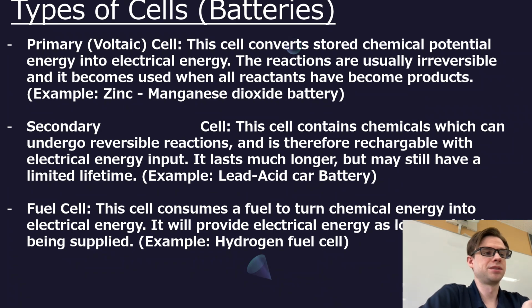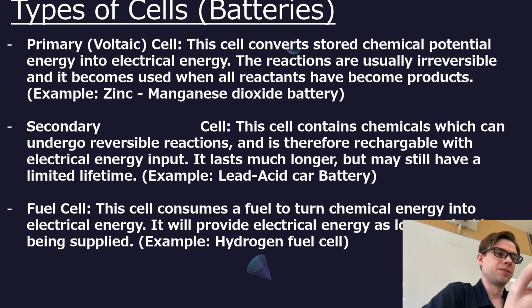An example of this is the lead acid car battery. In most cars, especially older style ones, maybe modern electric cars have something different, the standard lead acid car battery is used in a lot of cars and it recharges as you drive, but it's used for things like your headlights and starting the engine and such.